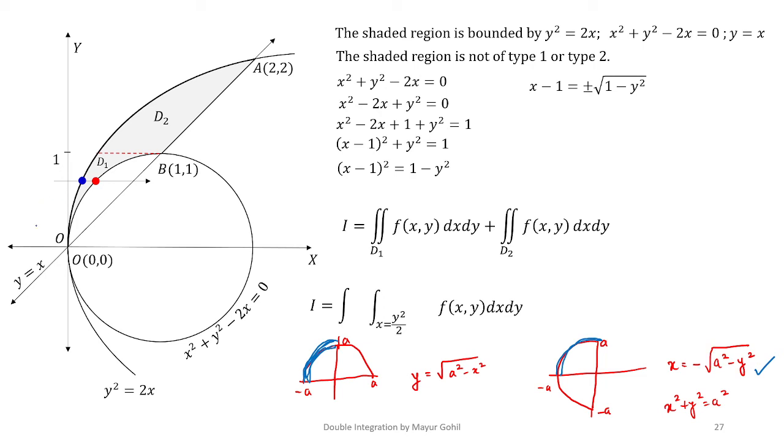Just because the diagram is in the first quadrant, do not be in a hurry to just take the positive square root. Here it is a very crucial and important part, which equation should we choose, because if I write y equal to square root of a square minus x square, it's not going to work. We need the equation in terms of x.